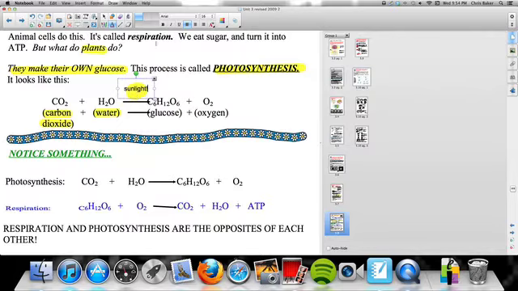And chlorophyll, but I'm not going to write down chlorophyll. But through the use of sunlight, it takes carbon dioxide and water, and it mixes them together, reacts them together to make glucose and oxygen. Right here and right here. So it makes glucose and oxygen.